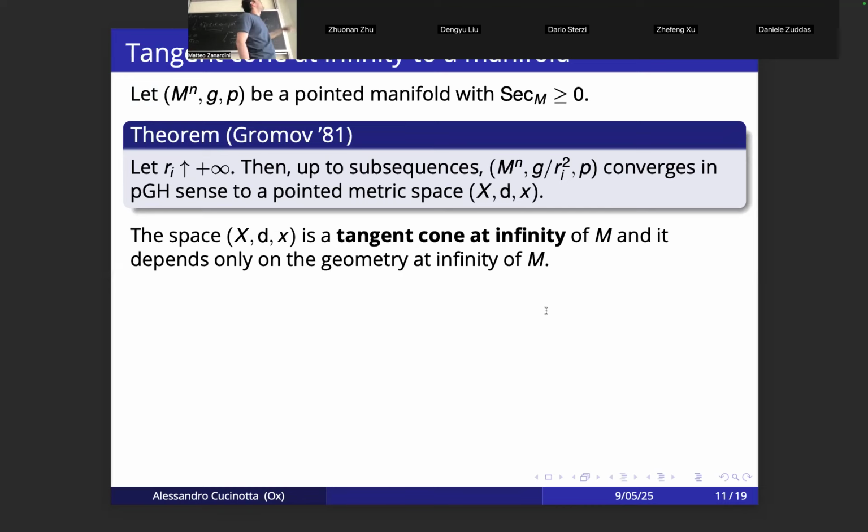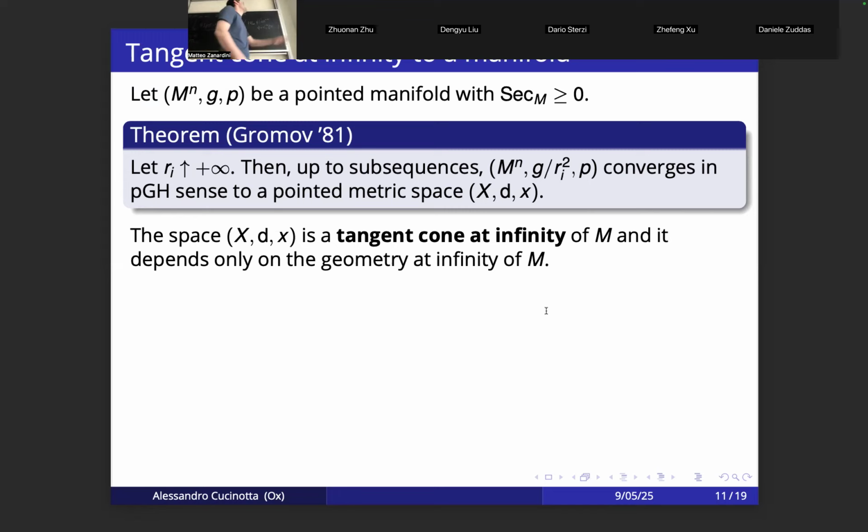If we have a sequence of scales going to plus infinity, and we consider the same manifold where the metric has been rescaled, so we are compressing the metric, then up to passing to a subsequence, these manifolds will converge, in a sense which is suitable for metric spaces, to a limiting pointed metric space. Pointed means that we are highlighting a specific point. If you don't know what pointed Gromov-Hausdorff convergence is, it doesn't matter. It's just a notion of convergence for metric spaces, which is the analog of Hausdorff convergence of sets in Euclidean space.